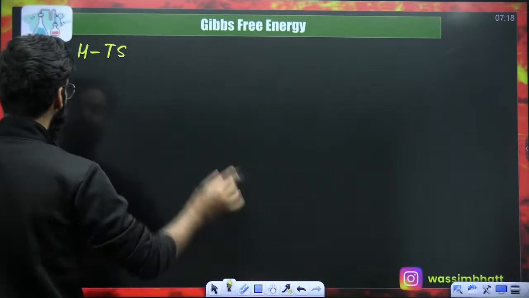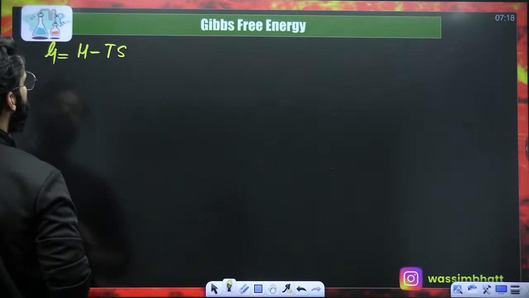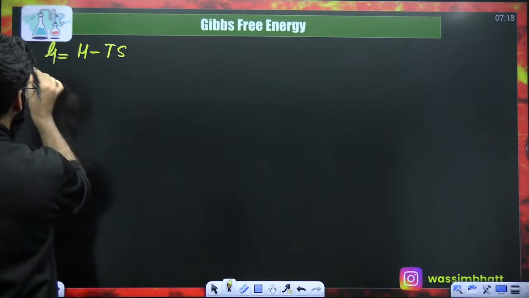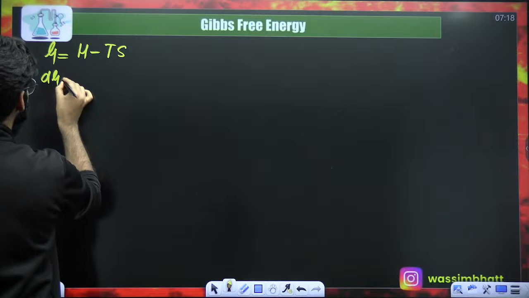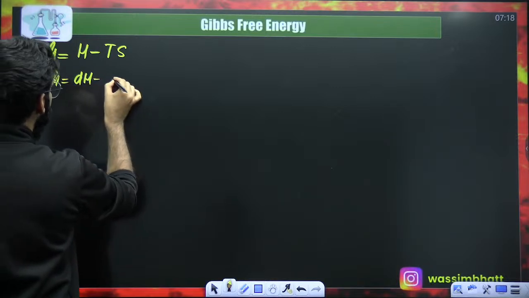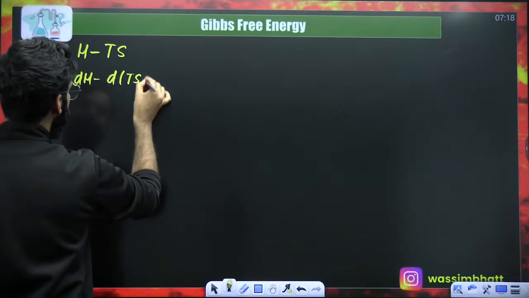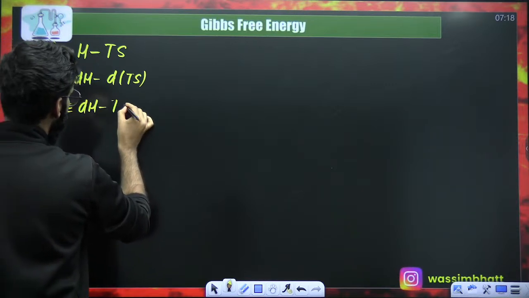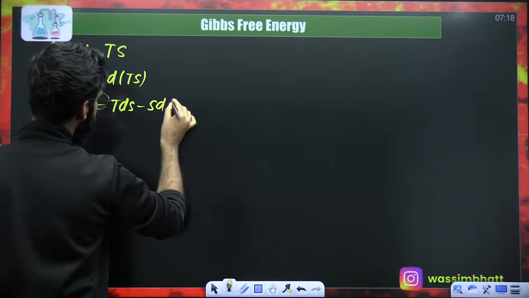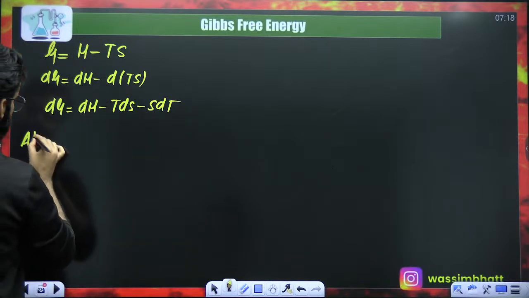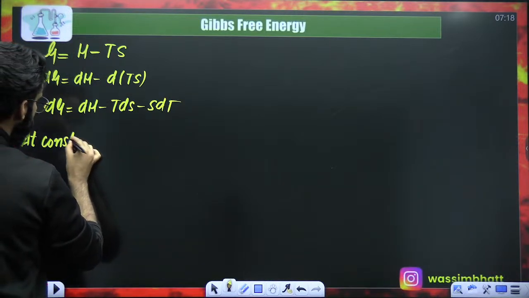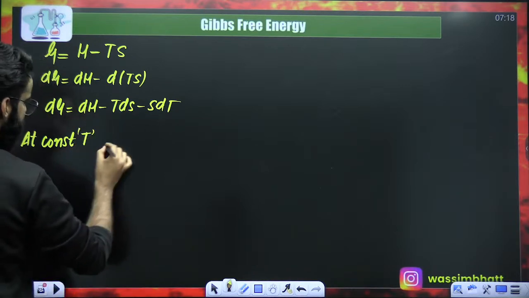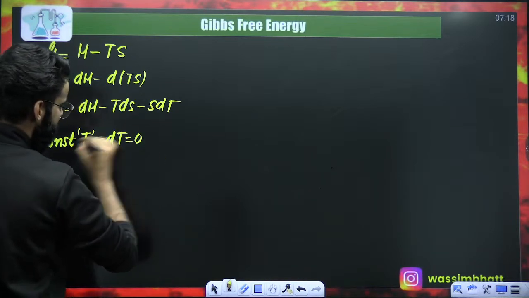Just wait for it. See, first of all, G is equal to H minus TS, right? So if I differentiate throughout, it is dG is equal to dH minus d of TS, right? So you can write it as dG is equal to dH minus TdS minus SdT. If I write the same equation at constant temperature, change in temperature will be 0.